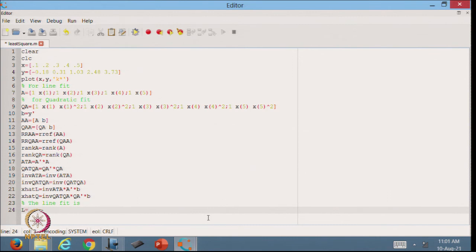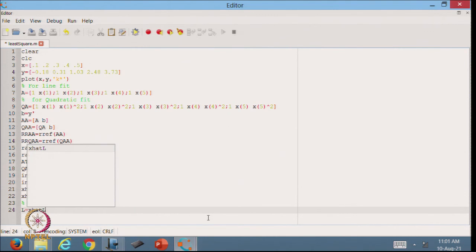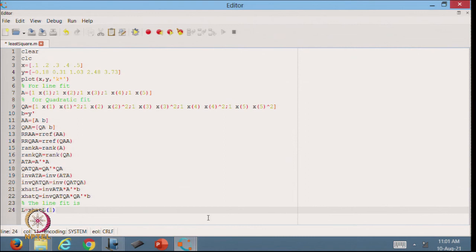Line means I have to define A plus Bx. So, I take from x hat L the first coordinate, that will be my A, plus x hat L second coordinate multiplied by x. So, this is my line L.